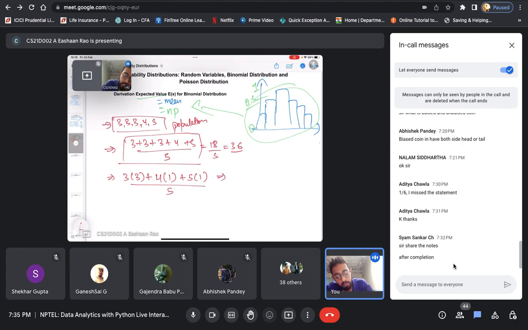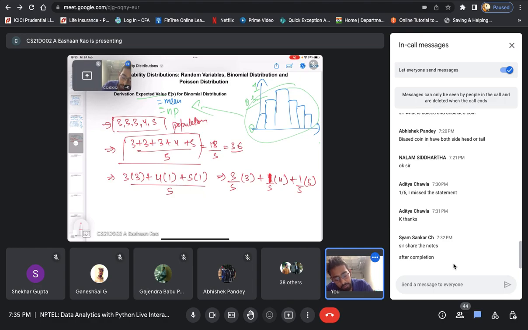Again, I have to more explicitly change it. I'm writing the same thing in a different way, because I want to relate this with the probability. So I will write 3 by 5 times 3, 1 by 5 times 4, 1 by 5 times 5. So if I do this, I will get the same thing again. So I'm just separating the terms little by little. I'm giving them a fraction value like that.